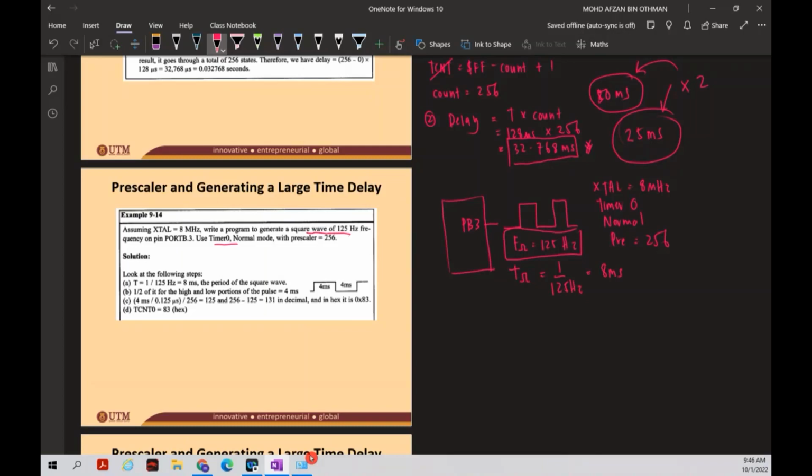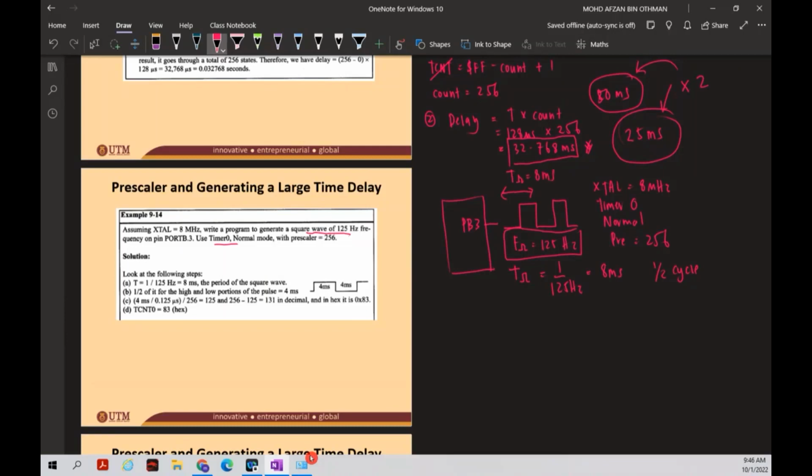So this is the period for the square wave, and from this period, you can get the half cycle. So this is one cycle, the T of the square wave, equal to 8 milliseconds.